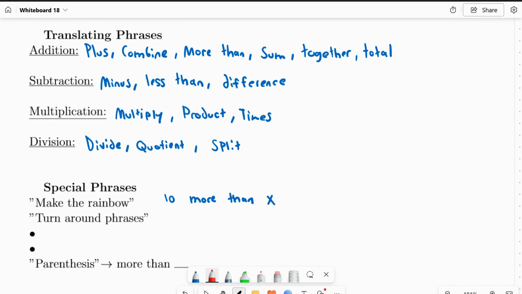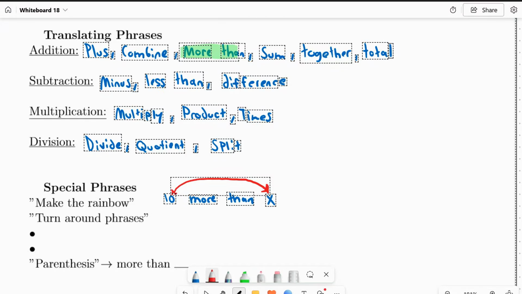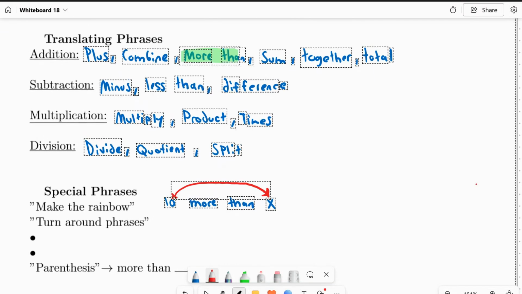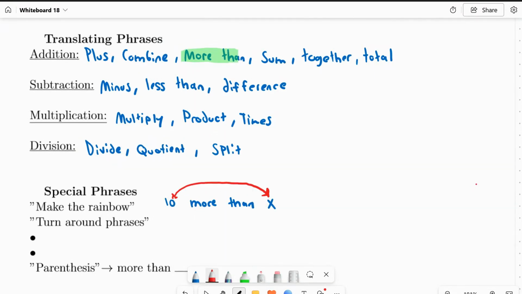As you can see above, more than indicates addition. So 10 and X would make a rainbow, and the operation would be addition. So our expression for this would be 10 plus X.